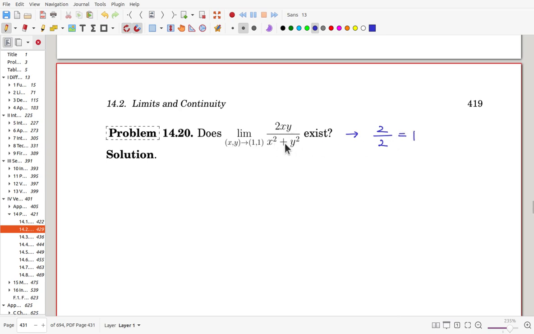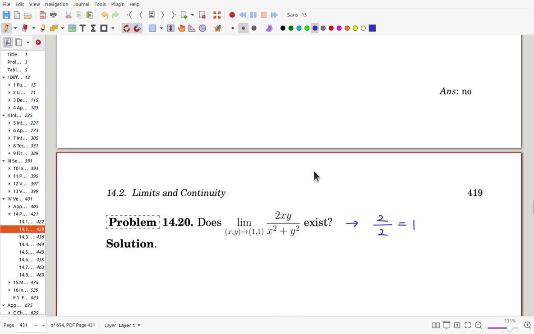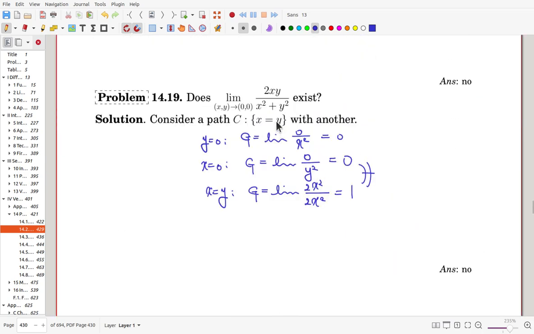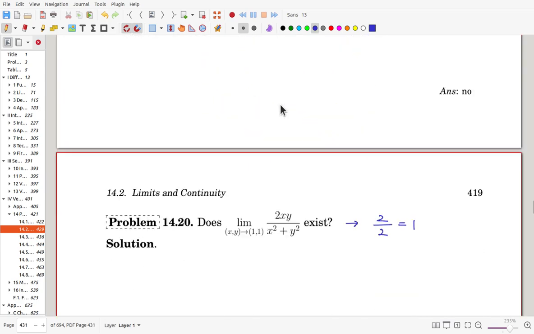For this one, the bottom does not approach 0, so there's no problem having the limit. But when we deal with this problem, once (x, y) approaches (0, 0), this is a shape of 0 over 0.